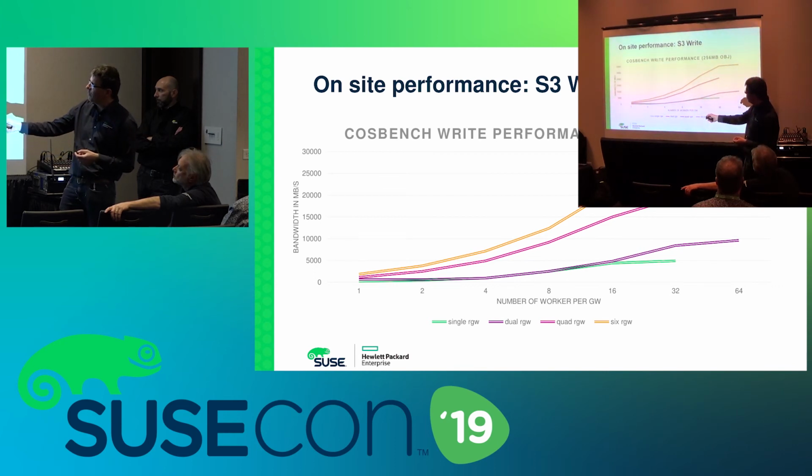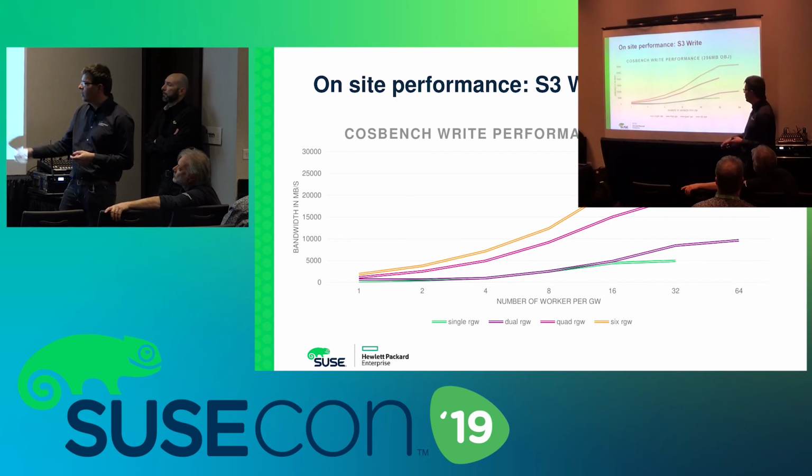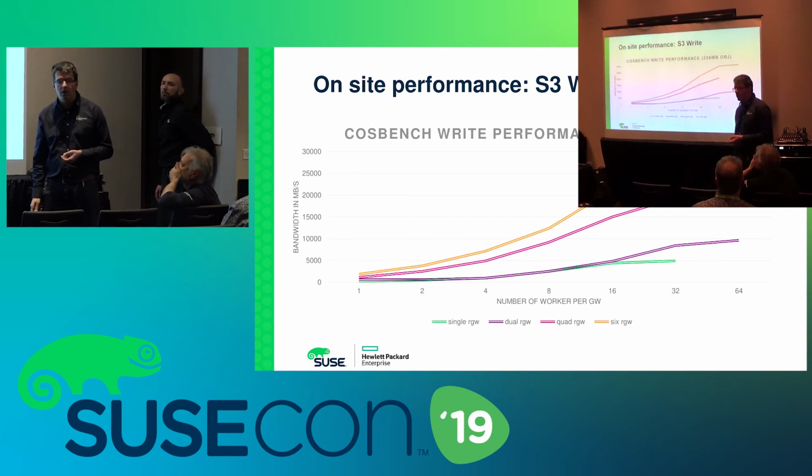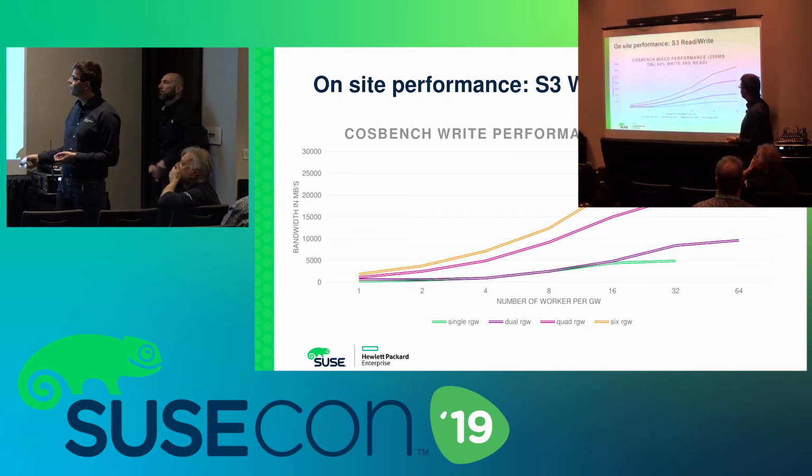Here the performance goes from 5 gigabytes per second up to 30 gigabytes per second, against the number of threads working per gateway. As you can see, using 6 routers gateways, I was able to achieve a little bit north of 25 gigabytes per second. Very interesting.